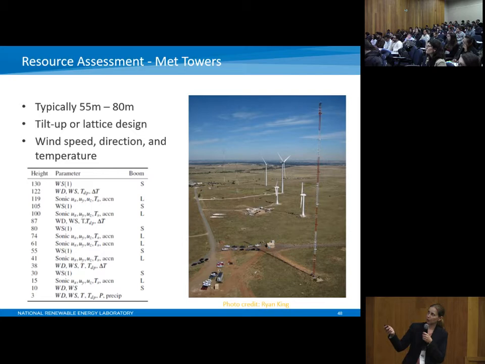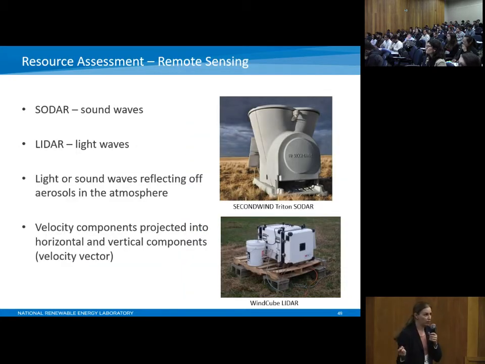Besides met towers, we also use SODARs and LIDARs. I spoke earlier to those. These are newer. They're much more expensive, but they've come down in cost. It used to be that one of these would be a couple hundred thousand US dollars or more. Now you can get one down to about the 50,000 US dollar mark.